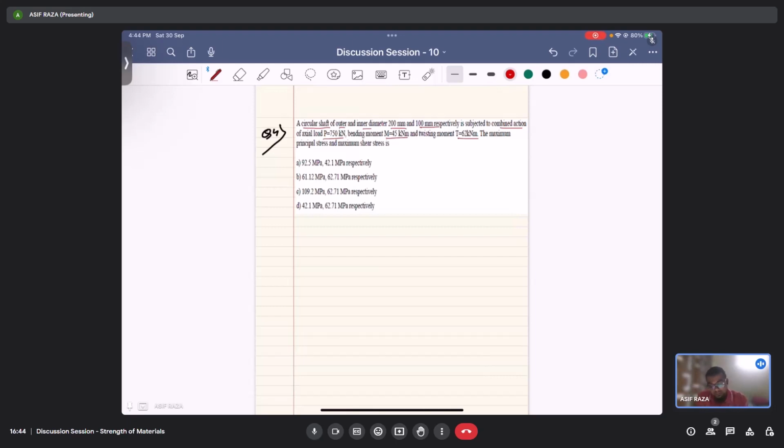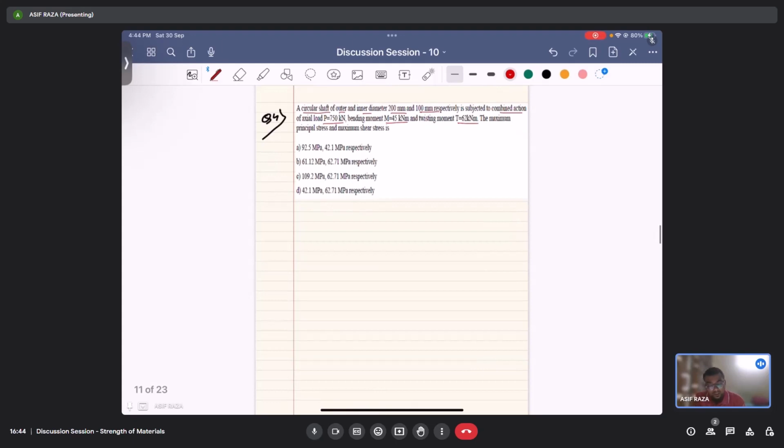The maximum principal stress and maximum shear stress generated in the system are, and the options are: A, 92.5 megapascal and 42.1 megapascal respectively; B, 61.12 megapascal and 62.71 megapascal respectively; option C is 109.2 megapascal and 62.71 megapascal respectively; and option D is 42.1 megapascal and 62.71 megapascal respectively.